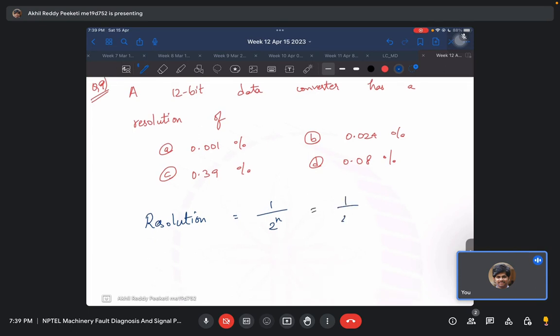So here we have 1 by 2 power 12, so we have 4096. So 1 by 4096 will be 0.00024.